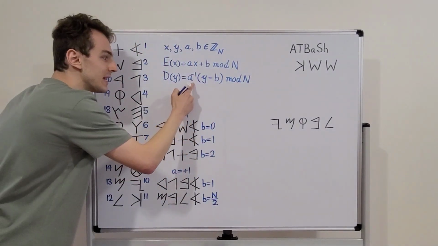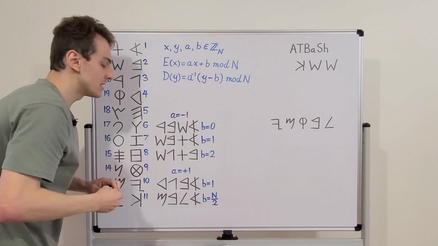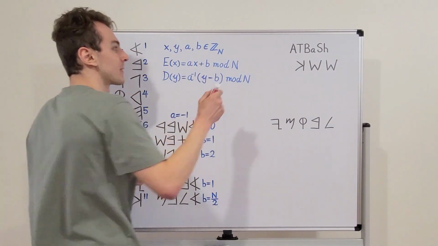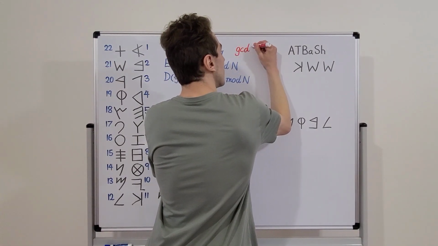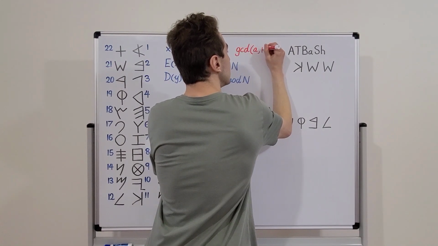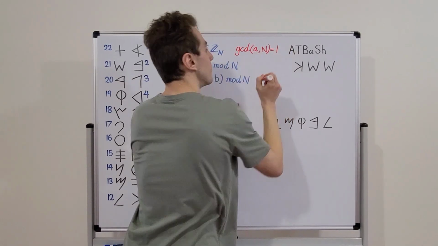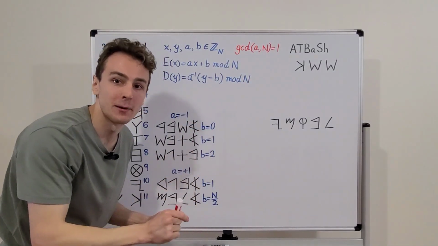Now, we need there to be a multiplicative inverse for a. And that's why we need to impose a special condition between a and n. The greatest common divisor of a and n must be 1. Or in other words, a and n must be co-prime.